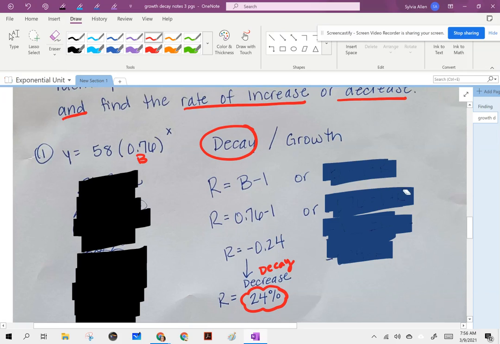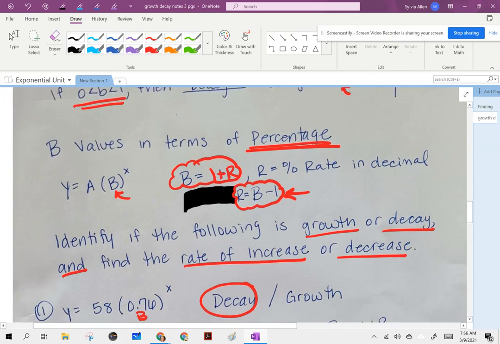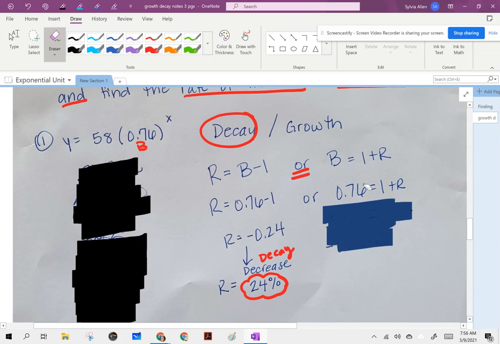So the rate of decrease is 24%. Now, another way you could have done that, and I say or, so it doesn't matter which way you do it, it said the base is equal to 1 plus the rate. Okay, that's right here. Base is equal to 1 plus the rate. So I have 0.76 because that's the base is equal to 1 plus the r. And solving for r, you would subtract 1 from both sides, and you still get negative 0.24 as the rate.